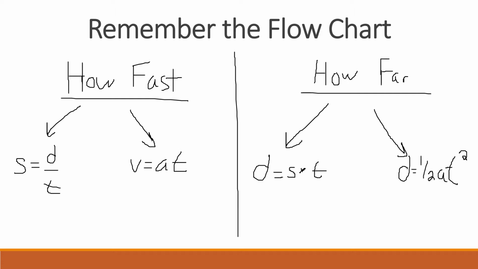All the work that we've been doing involves using one of these four equations. But how do I know which one to use? If a question says how fast, there's two equations to pick from. And the trick is going to be acceleration. You need to find out if there is an acceleration or not. If there is acceleration, you can use the equation that has an acceleration.